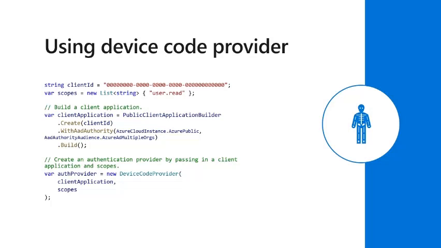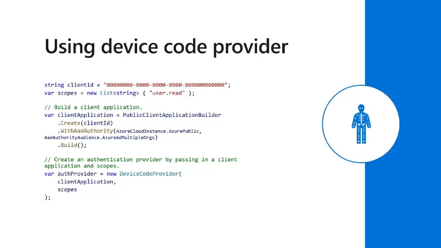So using the device code provider, the device code flow allows a user to sign in to a device by using another device. With this provider, you only need to provide a client ID and authority. In this context, the authority specifies the types of accounts that you can allow to make requests by using this token.